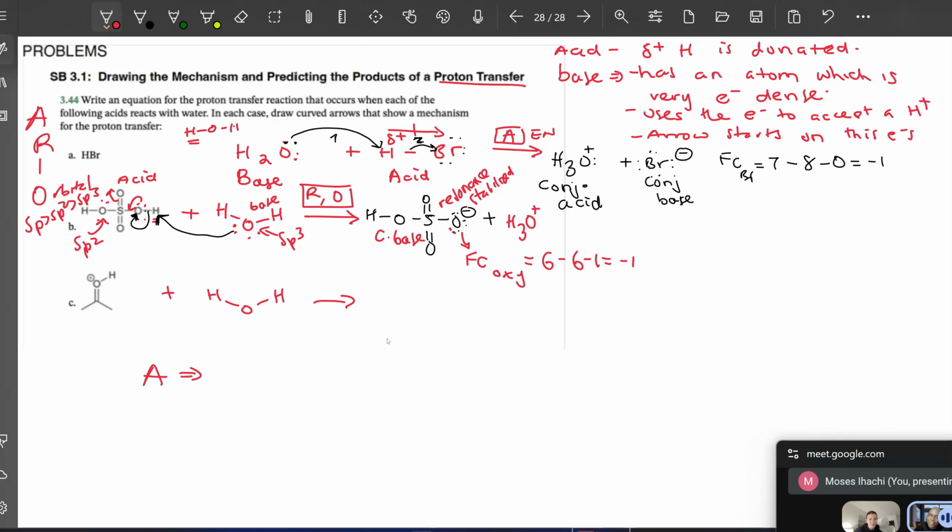Okay, so A is the atom. And for the atom, you're either going to consider electronegativity if the elements connected to the hydrogen are in the same period of the periodic table.